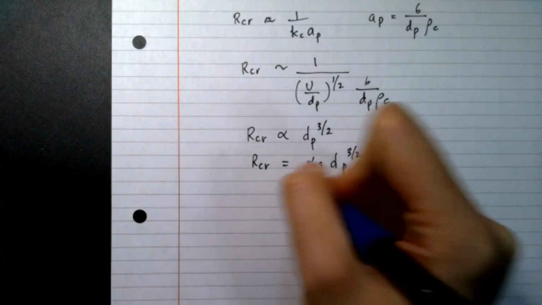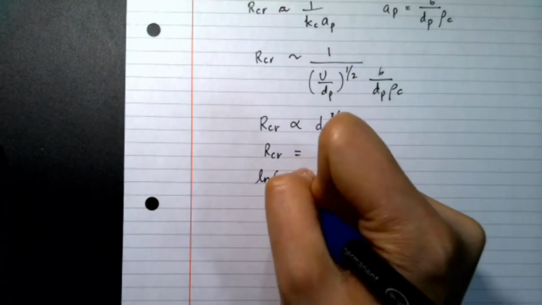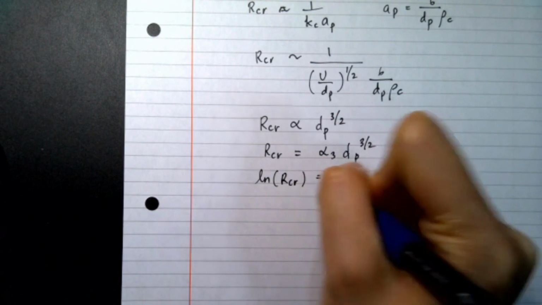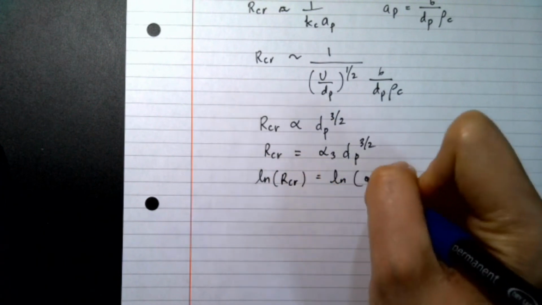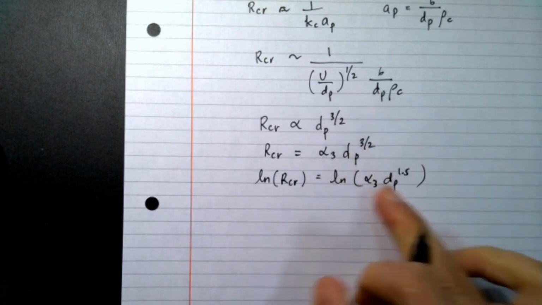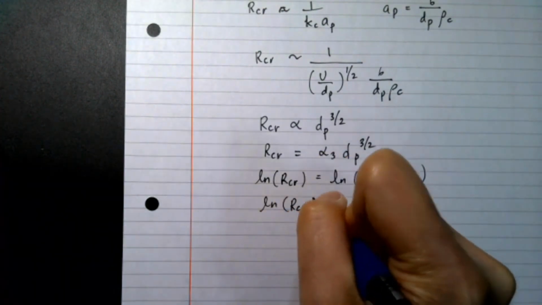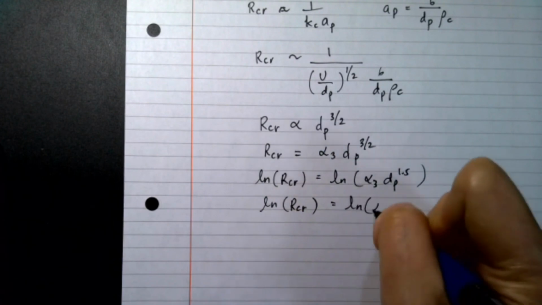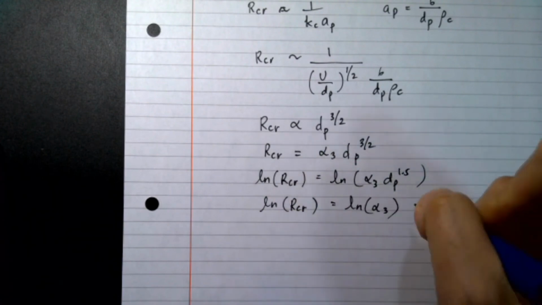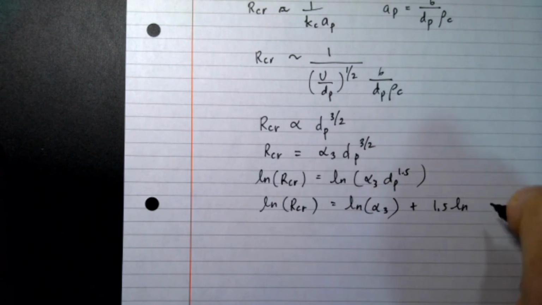Taking the logarithm of both sides, log of RCR is equal to the log of alpha 3 plus 1.5 times log of dp.